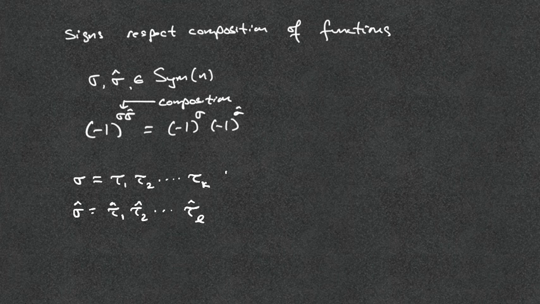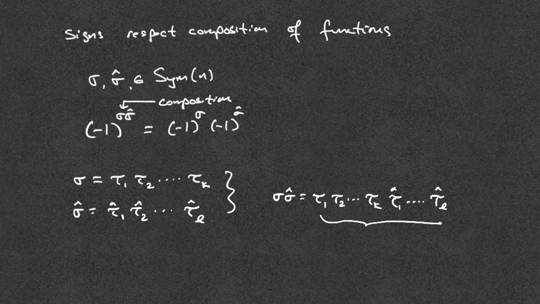Quite naturally, we can write the composition, sigma sigma hat, as just the composition of both of our sequences together: tau 1, tau 2, all the way up to tau k, and tau 1 hat, all the way up to tau L hat. And so we can see that that's going to be k plus L.